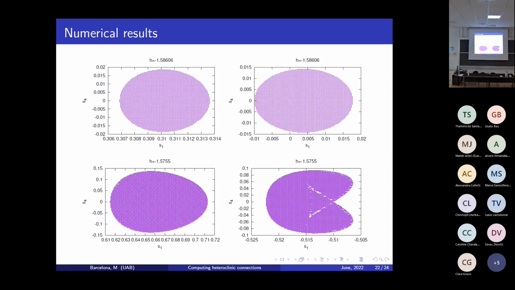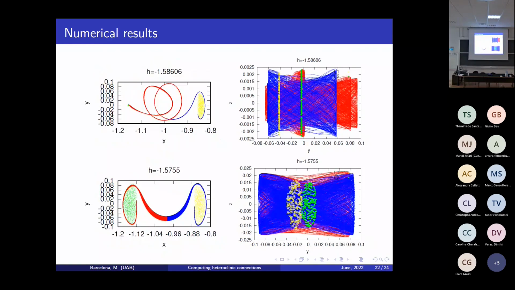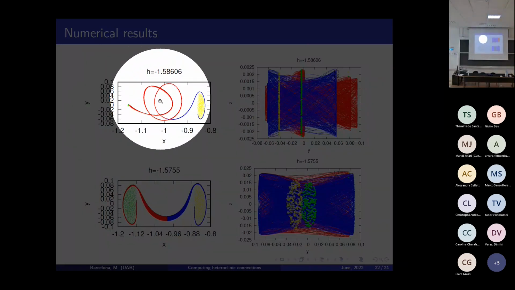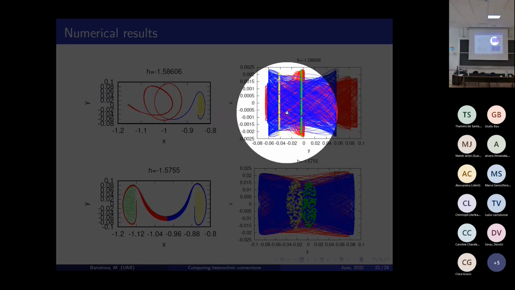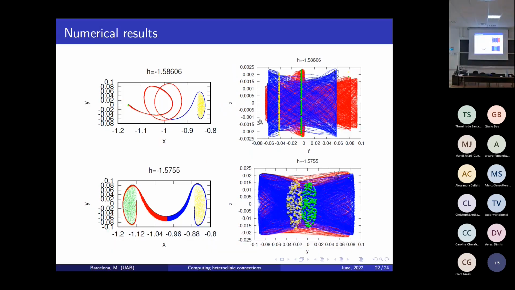So this would be a description of this family of heteroclinic connections that can be represented in terms of x and y, and also from the view from the Earth, where these points over here and these points over here would be the initial conditions on the departure and the arrival manifold.